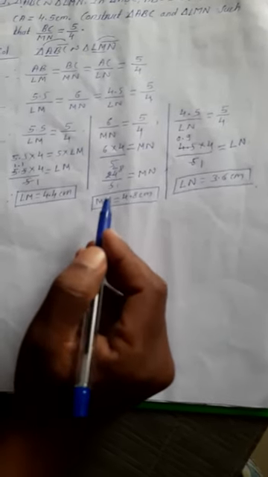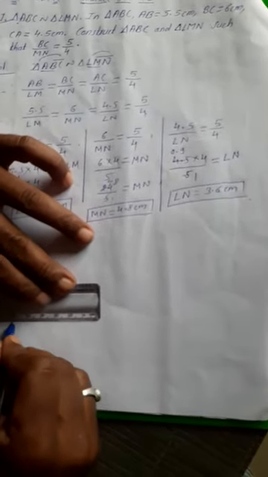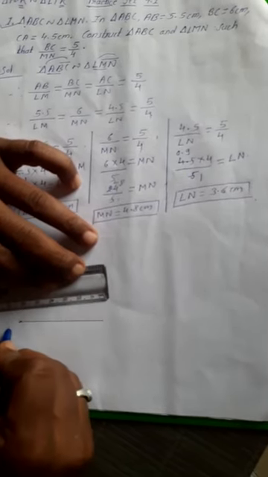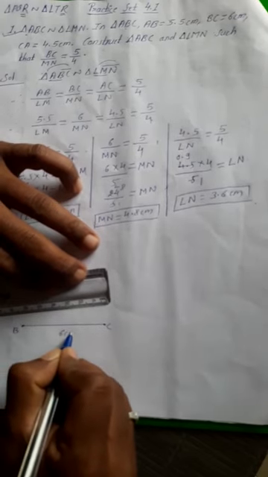Now we are going to construct the first triangle, triangle ABC. Which is the greater side? BC. So I will take BC as 6 centimeter.